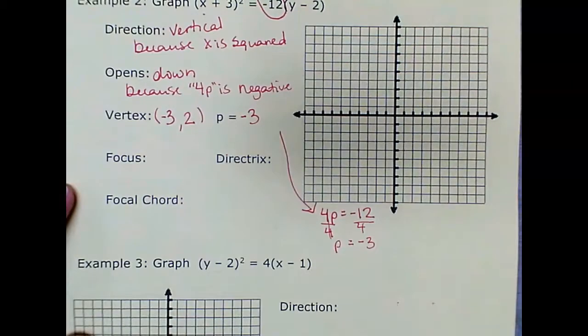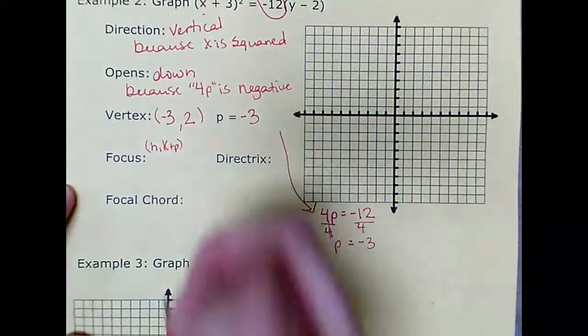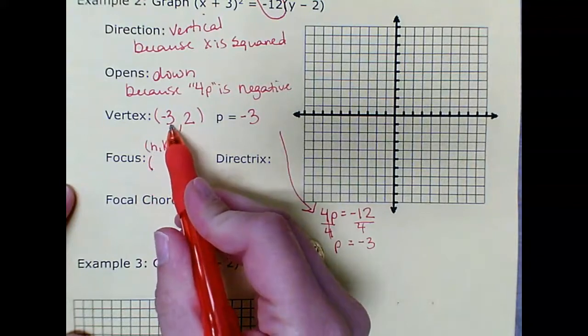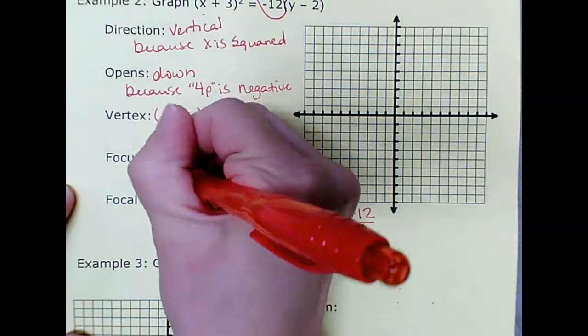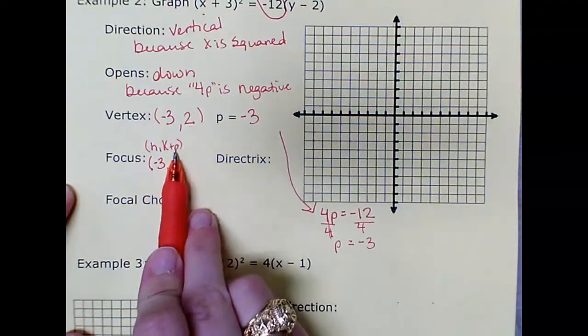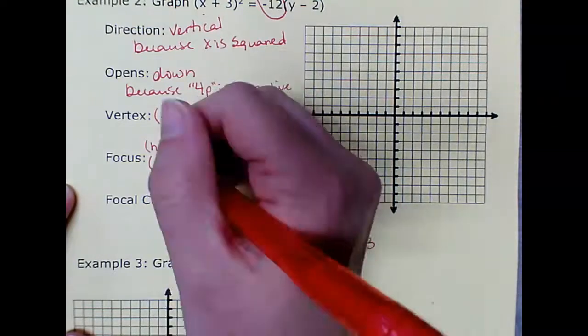So I'm going to fill in my values. My h value is negative 3. My k value is 2. If I add −3, 2 plus −3 is like 2 minus 3, so that's −1.